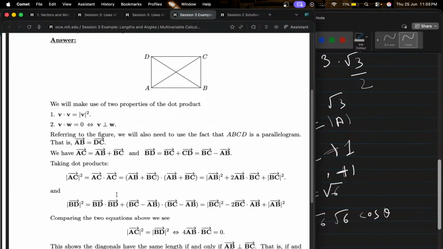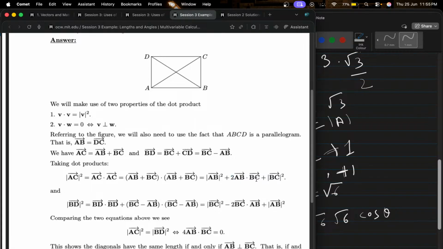From here we have to substitute the values that we get here, and we can just do it. Okay, let's see how it goes. So this AC means this, and we substitute the values, and we get AB square plus 2AB dot BC plus BC square. It's the same formula, a square plus b square plus 2ab.